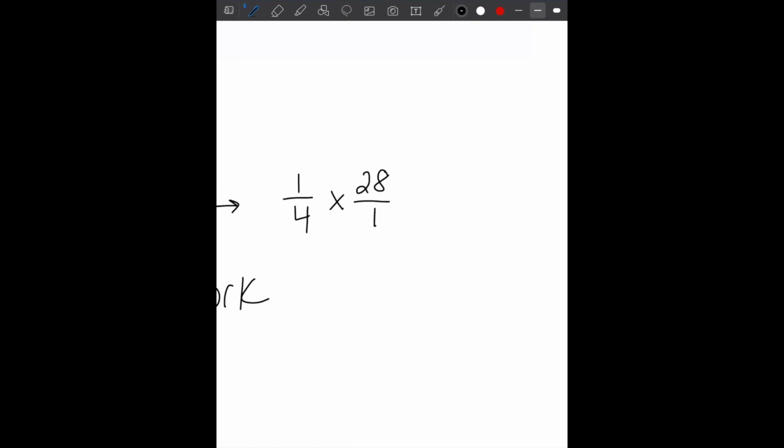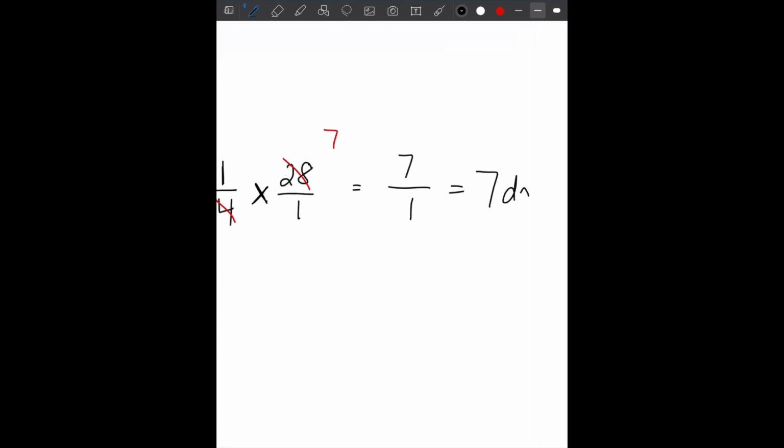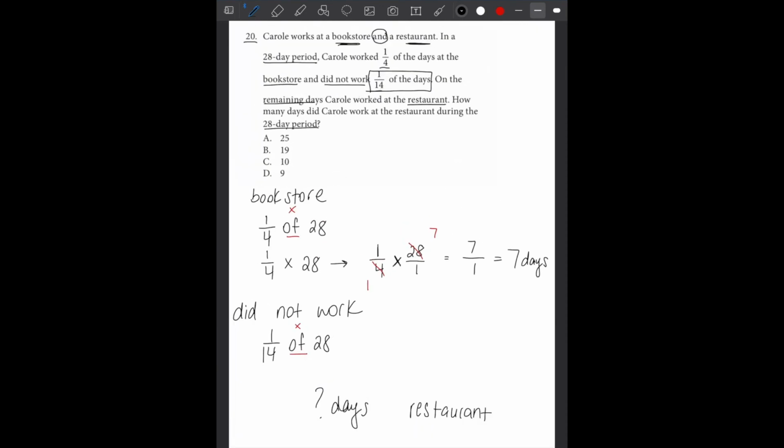We would cross reduce because if not, we'd have to just reduce at the end. So I would ask myself, 4 can go into 28 how many times? I get 7. How many times can 4 go into itself? 1. So now I have 1 times 7 is 7, and 1 times 1 is 1. Essentially, that's 7. So we have 7 days that are at the bookstore.